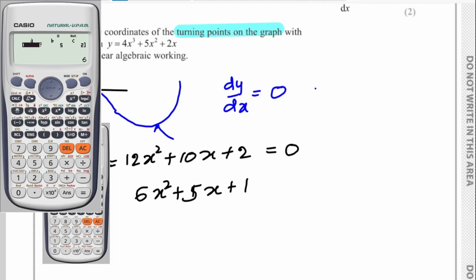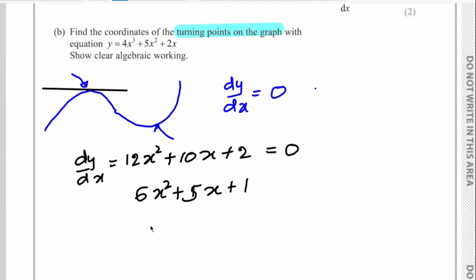Now let's input the values. Then the roots are x equals minus 1 over 3 and minus half.